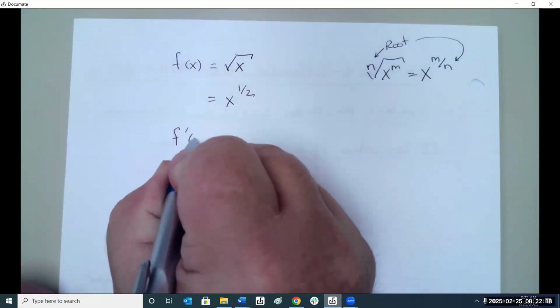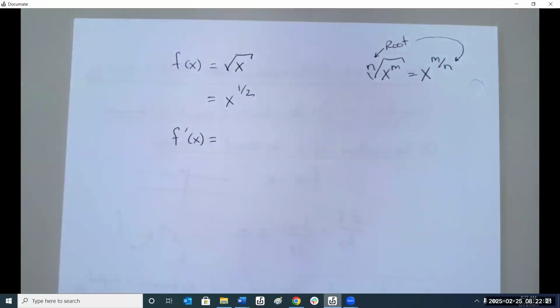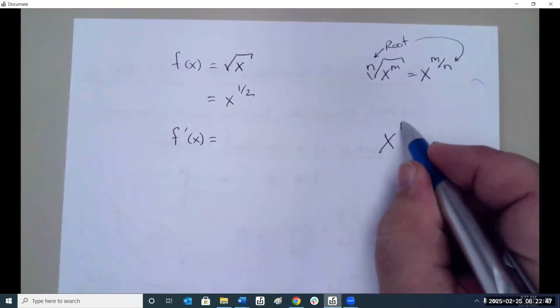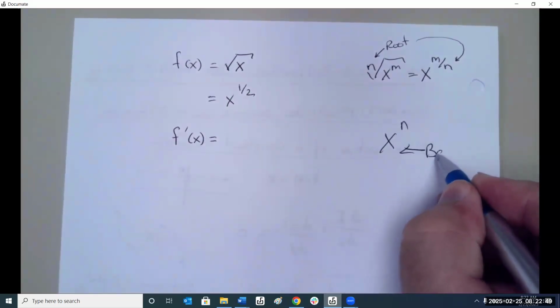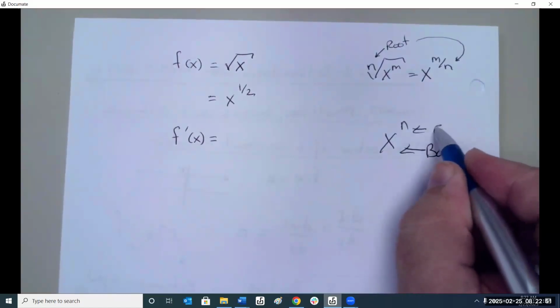So what would our first derivative be with this information using the power rule we just had? So what do you have to do first? Remember, is the base an x? Yeah. This number here is the base. This is the exponent.